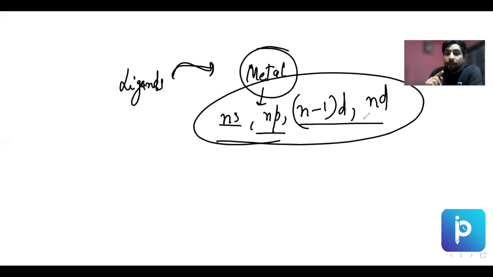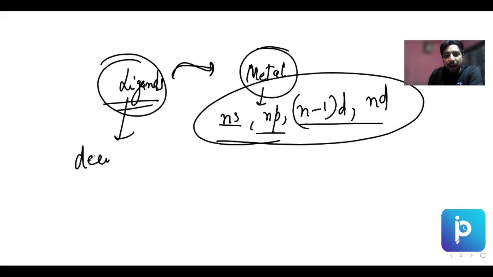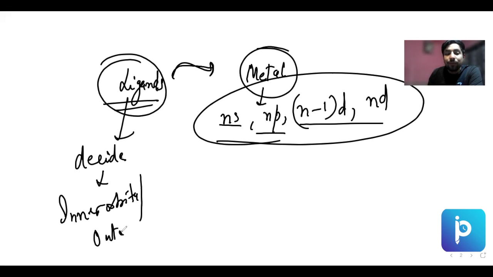Now, the type of ligand will decide which orbital has to be used, either the inner orbital or the outer orbital. Okay, so that will be decided by the ligand. It will decide whether it has to use the inner orbital or the outer orbital of the metal for the bonding.